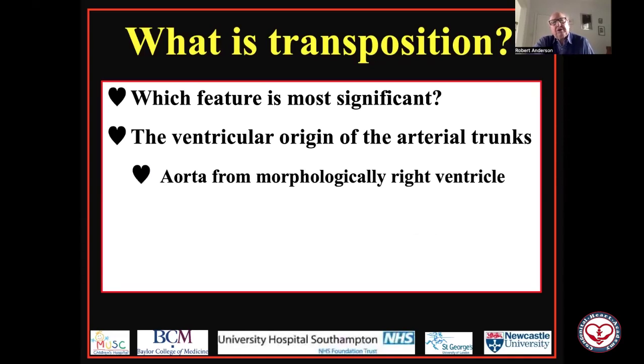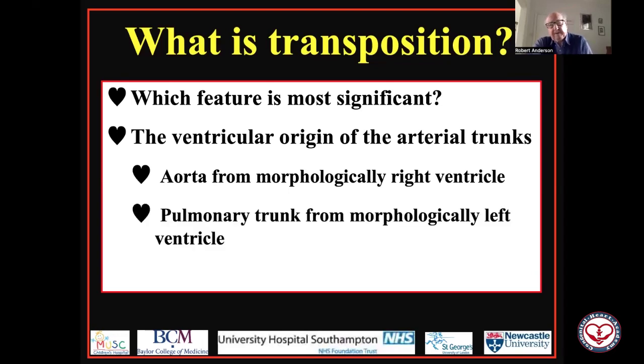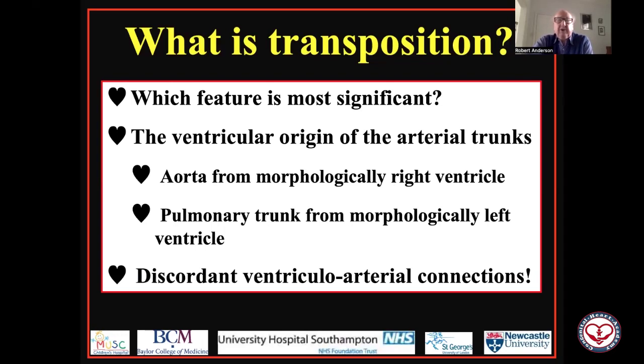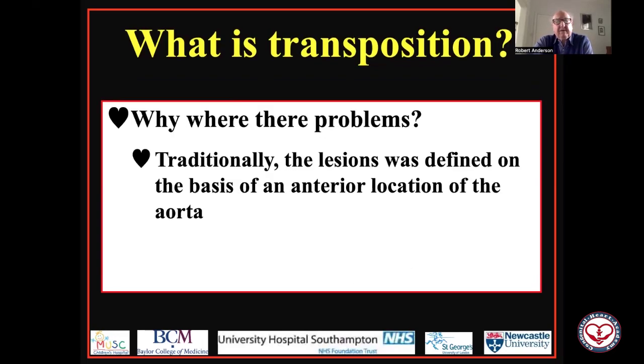So what we are talking about is hearts, as Diane has shown you, in which the aorta arises from the morphologically right ventricle, and the pulmonary trunk takes its origin from the morphologically left ventricle. In other words, we're talking about discordant ventricular arterial connections.